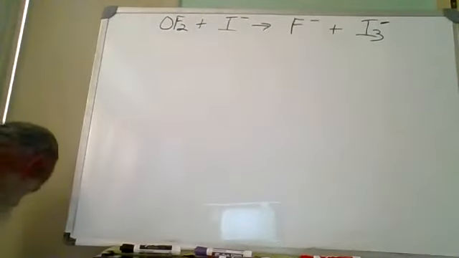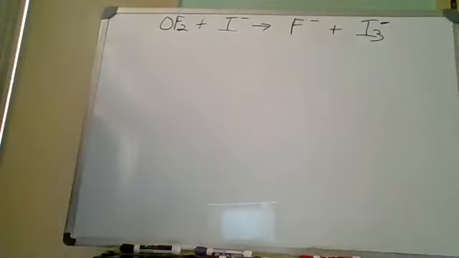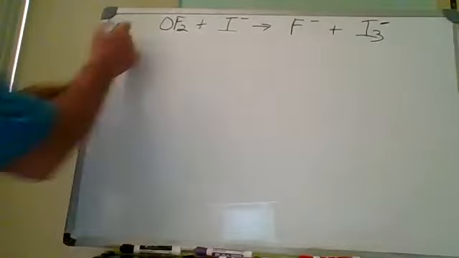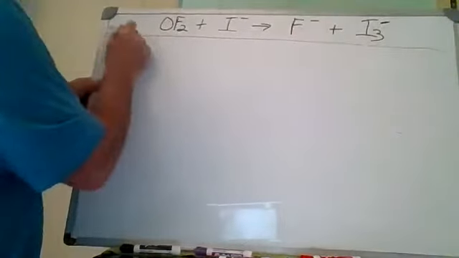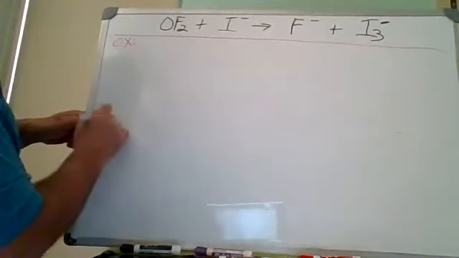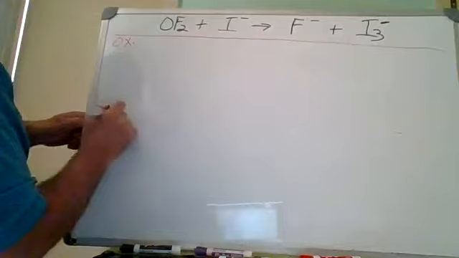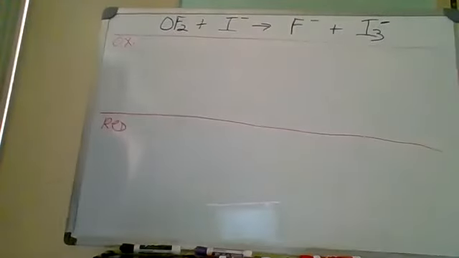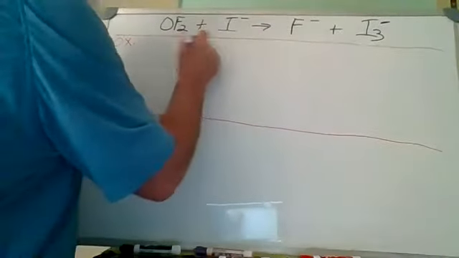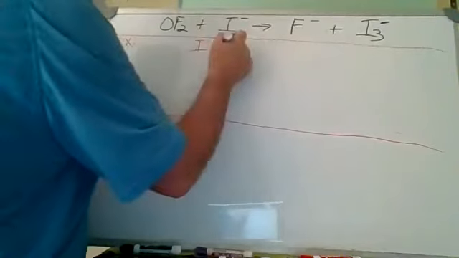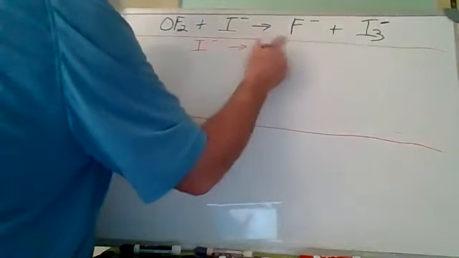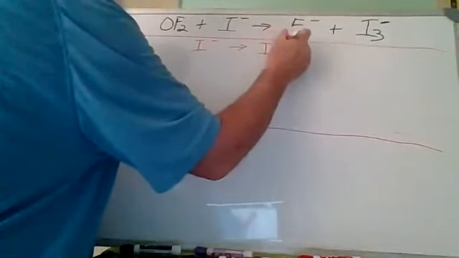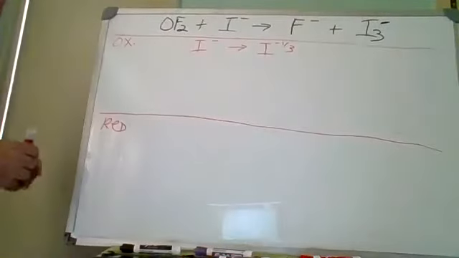So let's look at our oxidation and reduction half reactions. Hopefully I'll leave enough room here. We said the iodine is being oxidized. It starts out at -1, ends up at -1/3. Now, you've got to get this right.